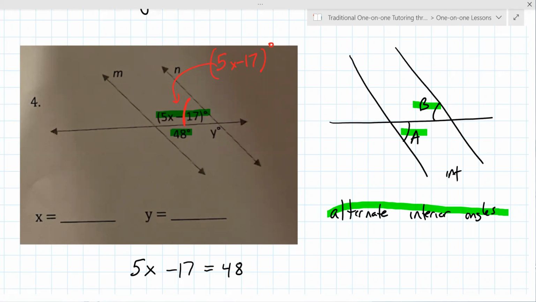All right, let me just solve this. We have to do plus. Yep, you have to add 17 to both sides.